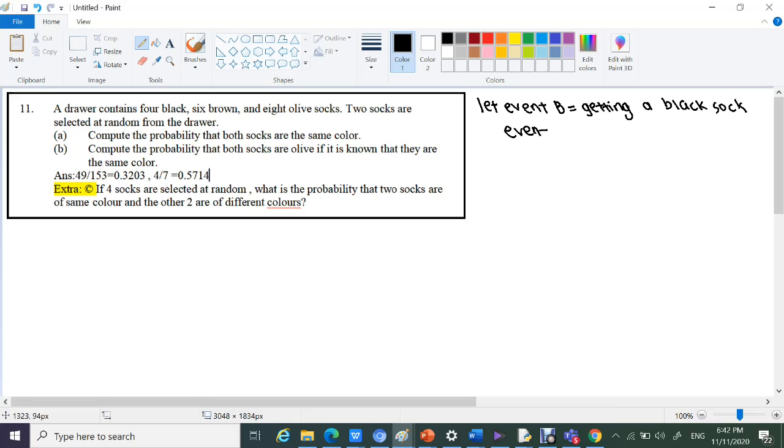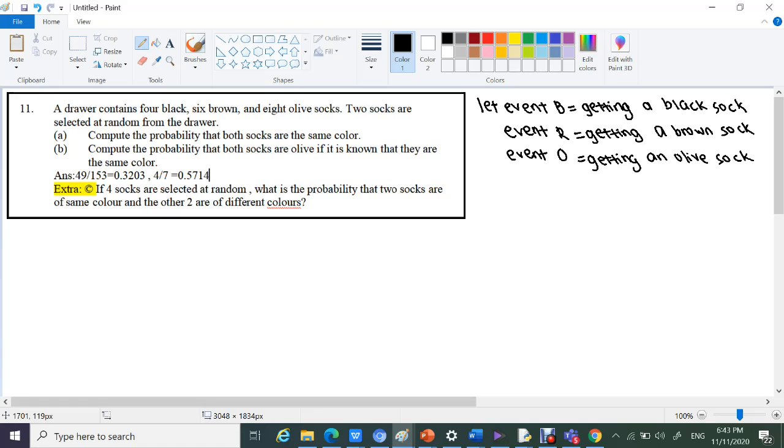Event R equal to getting a brown sock. Event O equal to getting an olive sock. Okay.